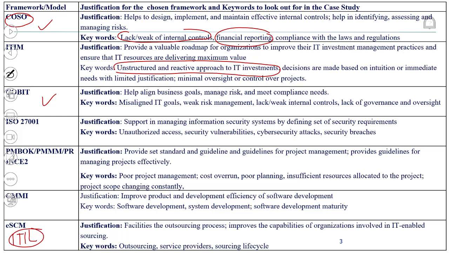The rest can wait because it's not very important to the business. So the keywords are those ones there. Decisions are just being made by intuition, okay? Minimal oversight and control over objects. I added something here, for example, budget constraints.